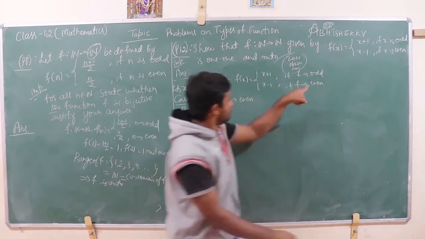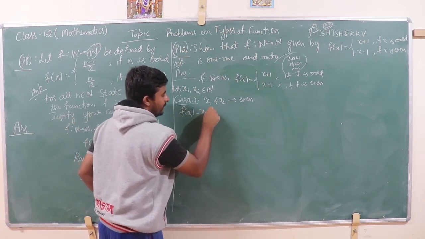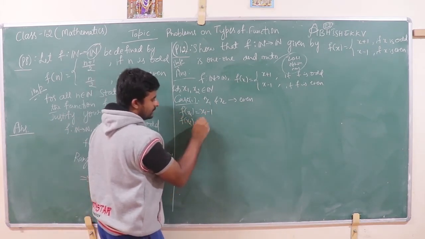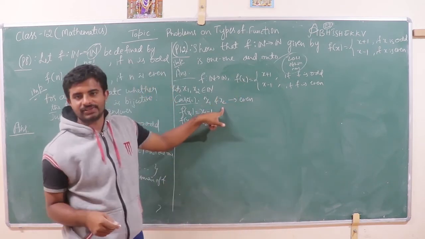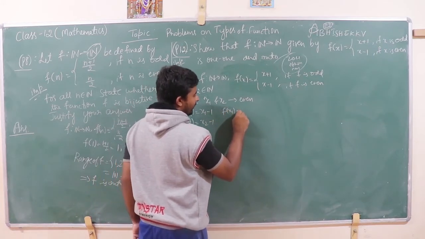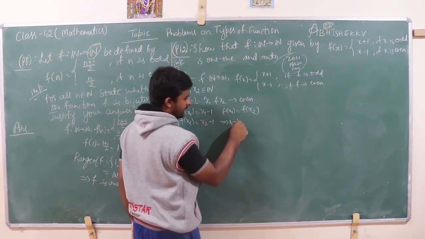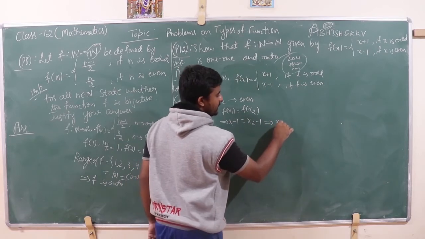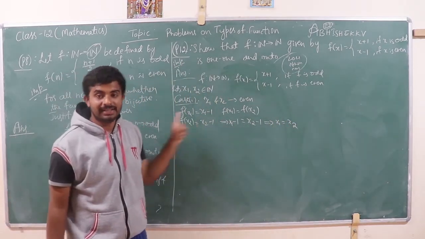When it is even, the function is x minus 1. f of x1 is x1 minus 1. f of x2 is x2 minus 1. Considering f of x1 equal to f of x2, this implies x1 minus 1 is equal to x2 minus 1. Minus 1 and minus 1 will cancel. This implies x1 is equal to x2. Therefore, f is one-one in this case.